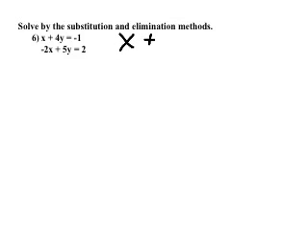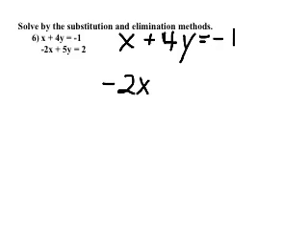x plus 4y. I'm going to leave a little space. Negative 2x plus 5y equals 2. So now I'm going to look at both of these equations, and I'm going to see how can I fix them so that when I add them together it'll make either the x or the y disappear.